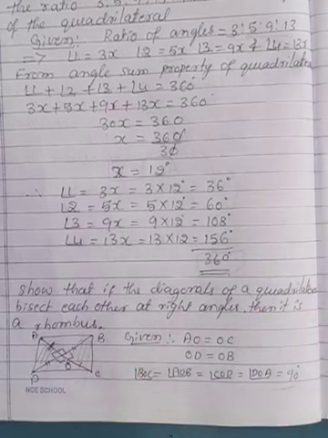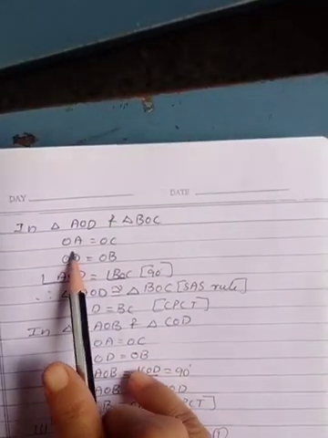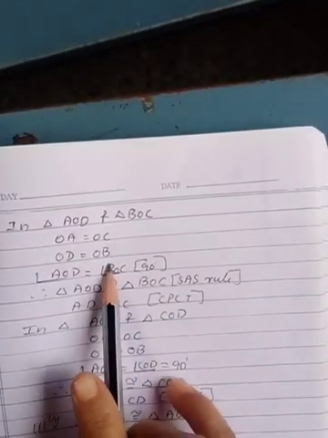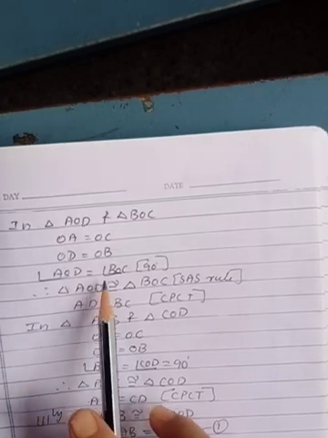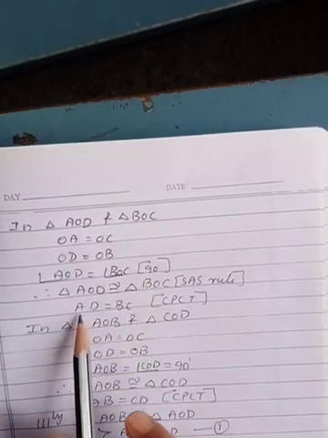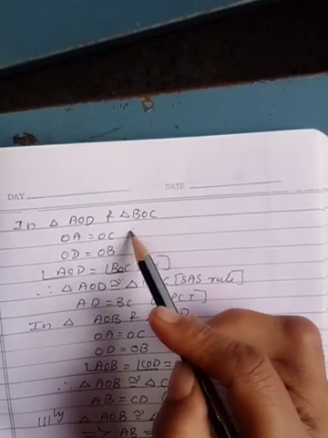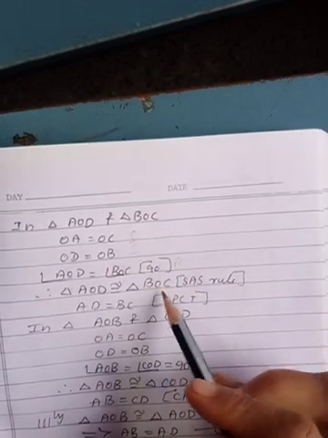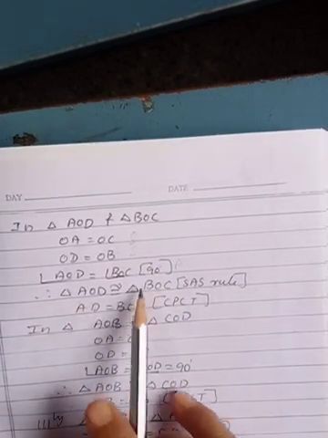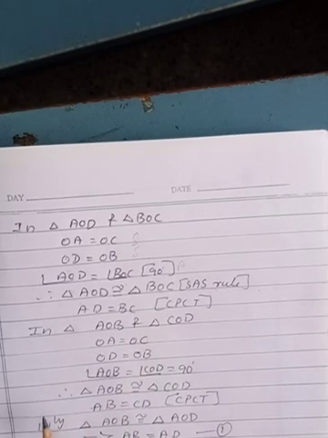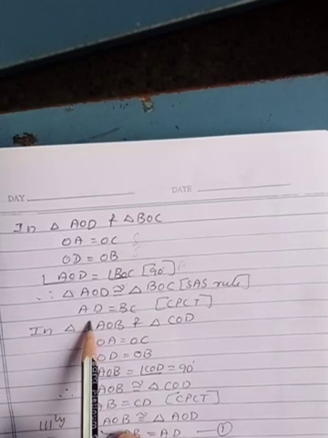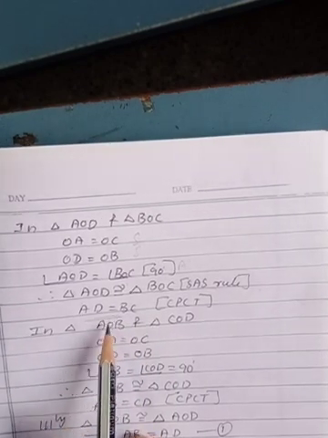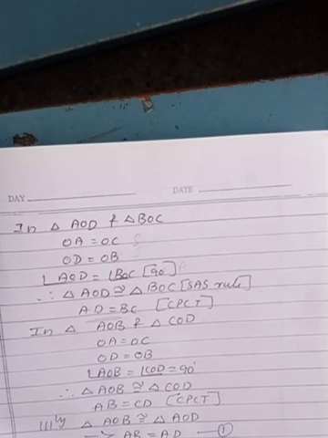So OA is equal to OC, OD is equal to OB, angle AOB is equal to BOC, 90 degrees. So from the SAS rule, they will become congruent. If they become congruent, the corresponding sides will be equal, that is AD is equal to BC from CPCT.